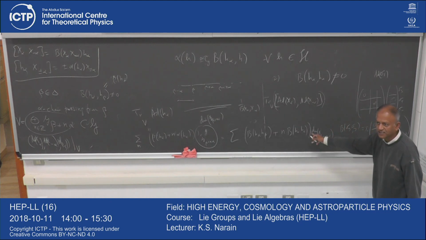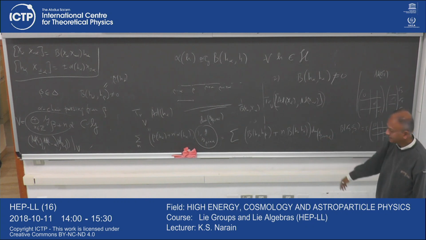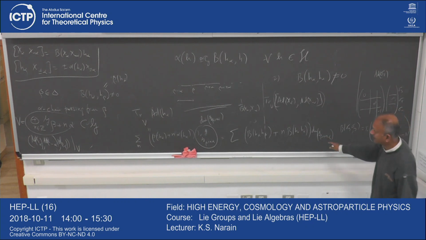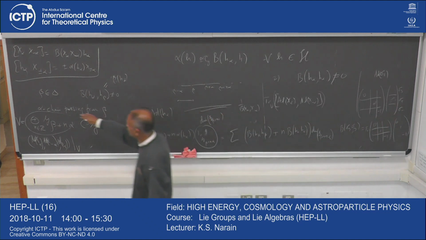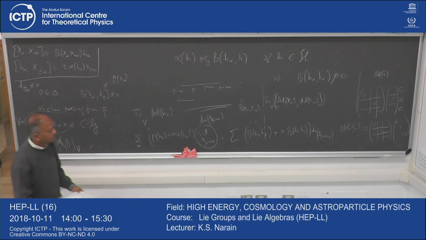The dimension is some integer. It could be 0, so for some of them it might be 0, but not for all of them. But certainly, since I'm saying beta belongs to delta, at least the dimension of G_beta is not 0. At least it's 1, because I know that there exists a beta in the set of roots.